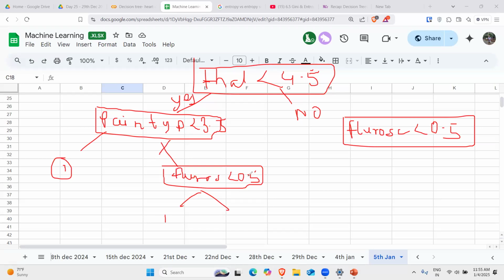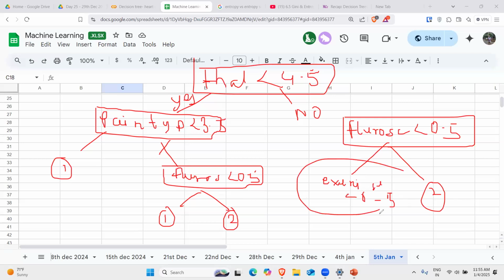This is one. This is two, right? And here, after fluorescent, this is two data set. Then you have exercise column less than 0.5. You have age now greater than or equal to 51. This is one, this is two, and this is two.